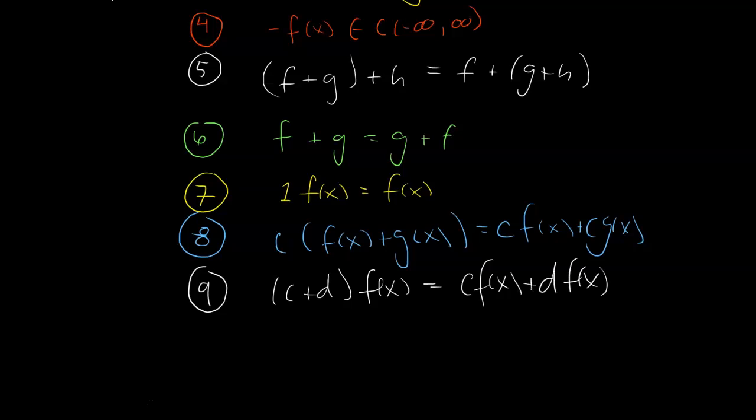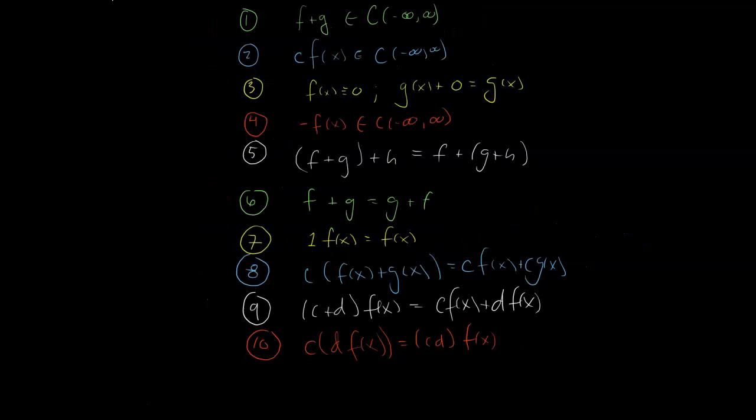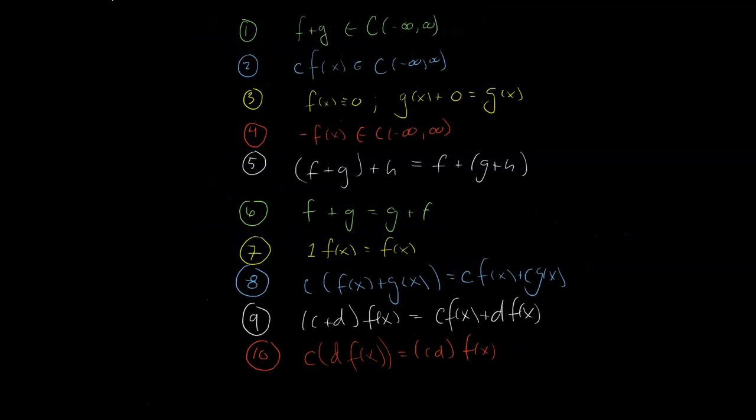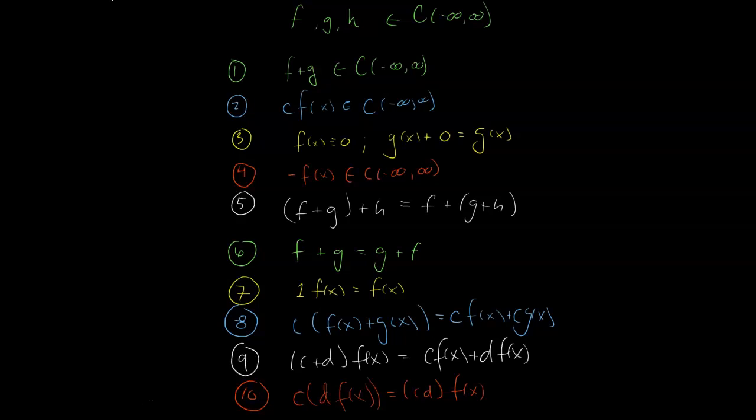Notice I could use an example, let f and g be a polynomial, sine function, whatever you want, but an example is not enough for a proof. And it's associative. It doesn't matter if I multiplied the function times d first or multiplied c times d first. So all 10 of those properties apply to functions that are continuous on the real number line from negative infinity to infinity. And so all of these work, and therefore it is a vector space.